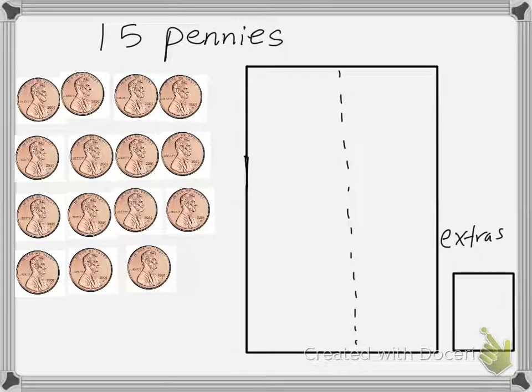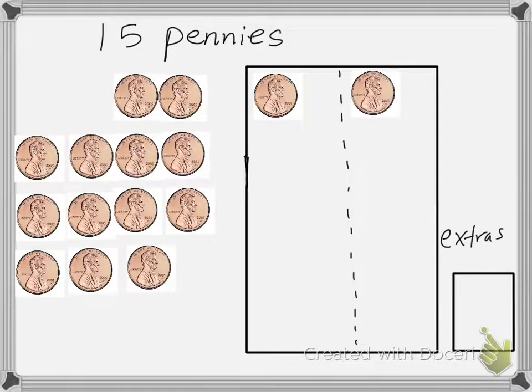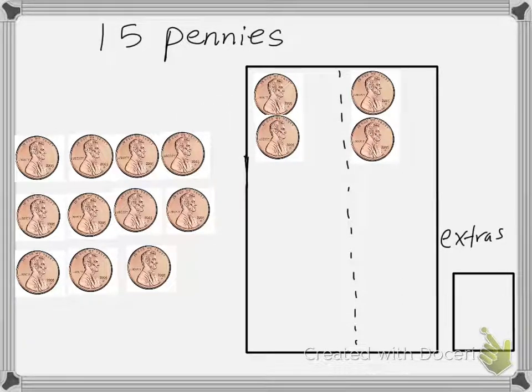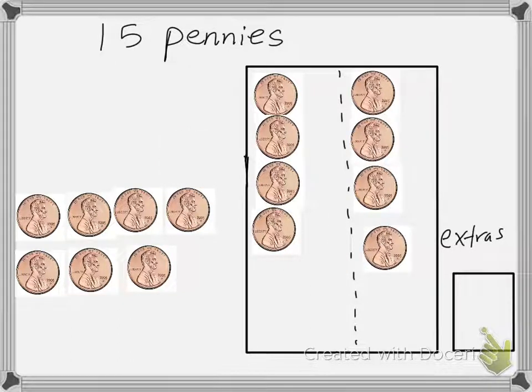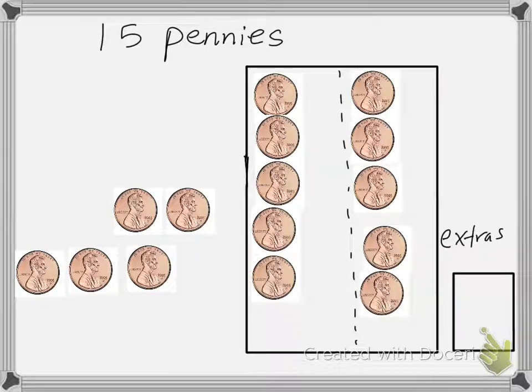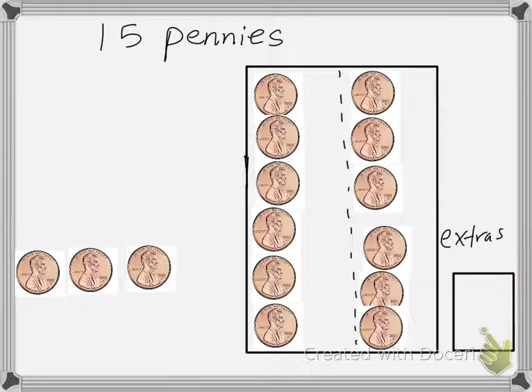Alright, now we're going to do it with 15 pennies. So let's move them. So we have even numbers in each. 1, 2, 3, 4, 5, 6, 7.